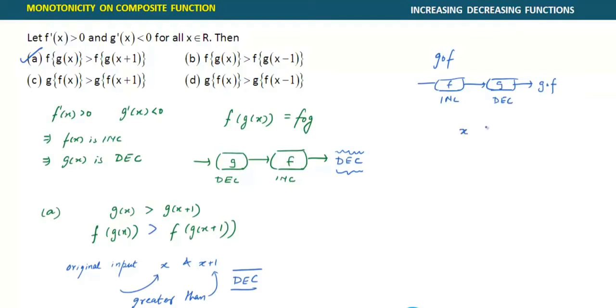We know that x is always smaller than x plus 1, and f(x) is an increasing function, so at a larger input there is a larger value. This will remain. Now g is a decreasing function, so g has these two inputs. Don't worry that this was an output; now it is an input. Now g of f(x) and g of f(x plus 1).